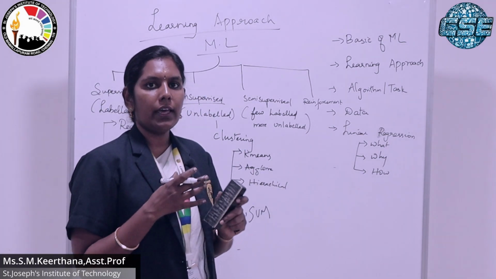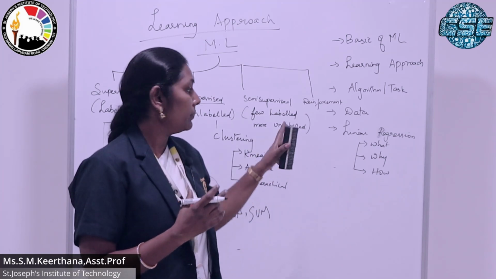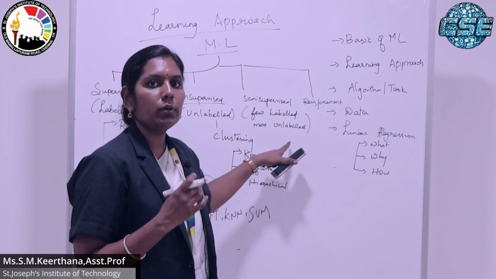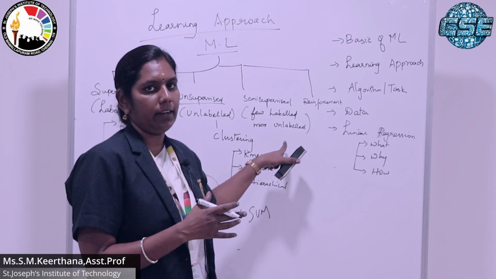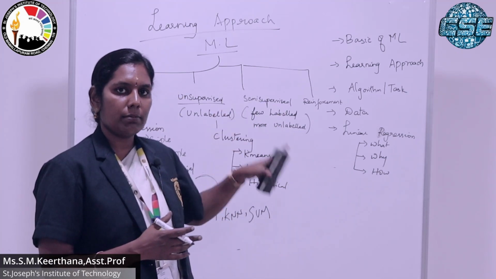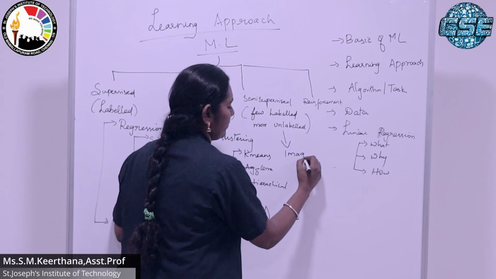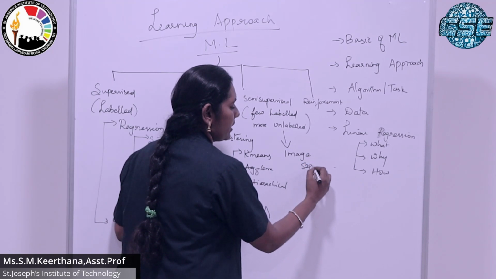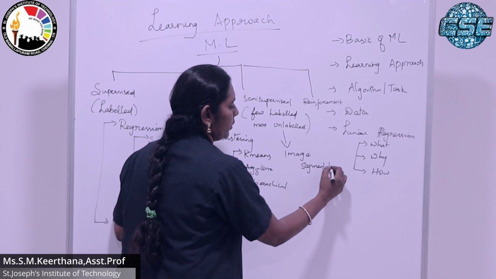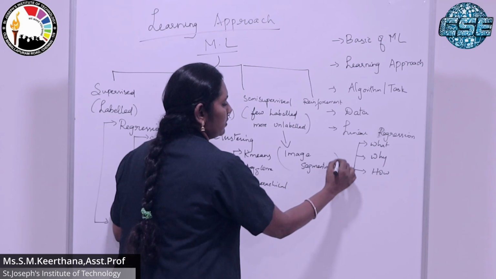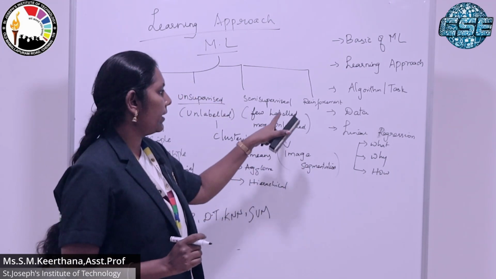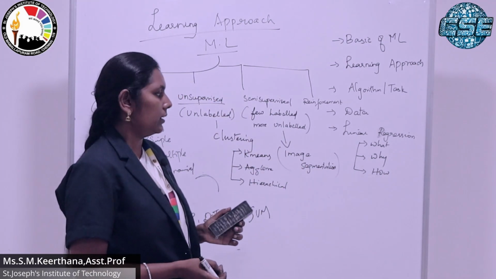The model must be able to learn from the labeled data and work it out on the unlabeled data. The task available in semi-supervised learning is image segmentation, segmenting the image based on the background and foreground. This is one of the tasks that is available in semi-supervised learning algorithms.